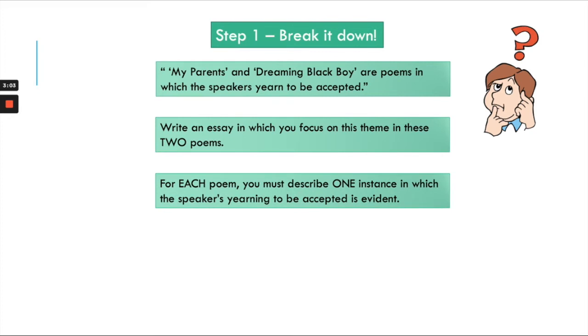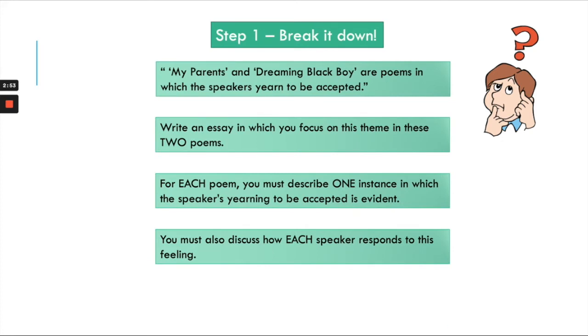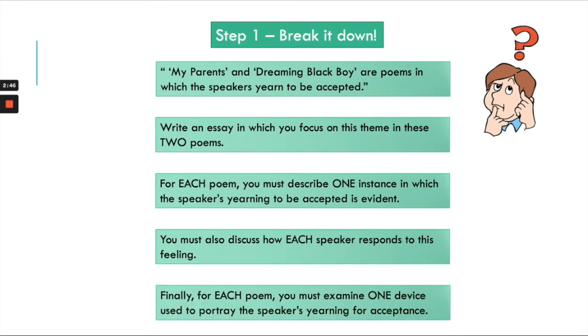For each poem, you must describe one instance in which the speaker's yearning to be accepted is evident. Then what? You must also discuss how each speaker responds to this feeling. Finally, for each poem, you must examine one device used to portray the speaker's yearning for acceptance.